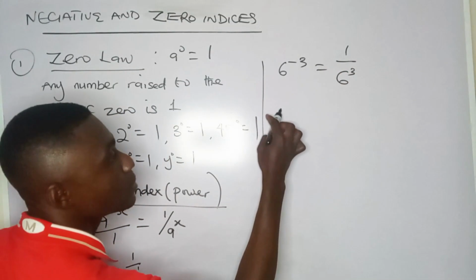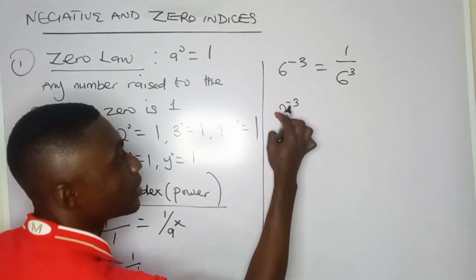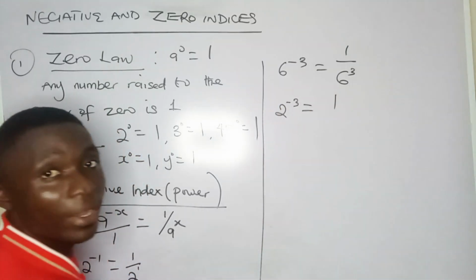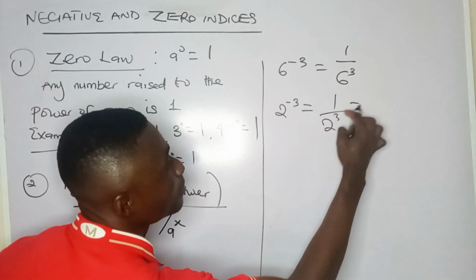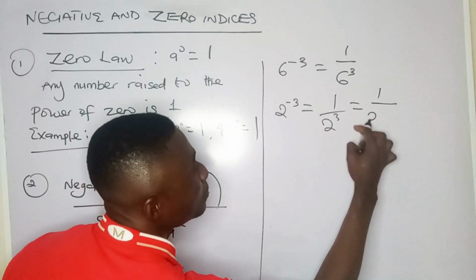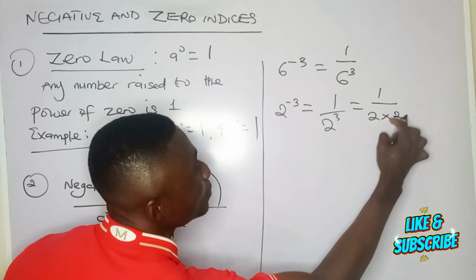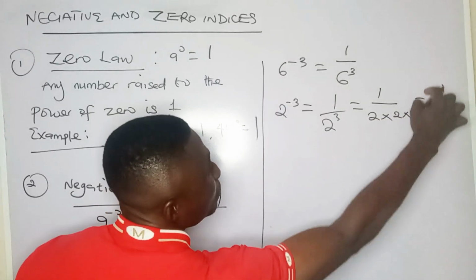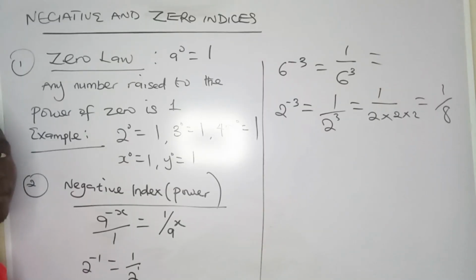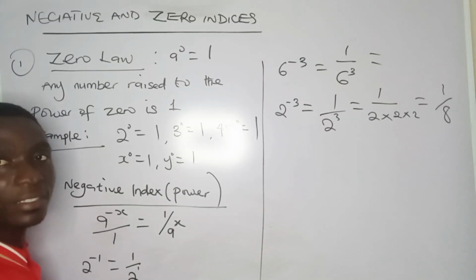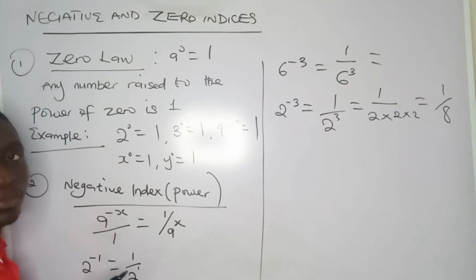If I say 2 to the power of negative 3, it is the same thing as 1 over 2 to the power of 3, which means 1 over 2 times 2 times 2, which means 1 over 8. You can also expand that and get the final answer. So that's what the negative index law actually talks about.